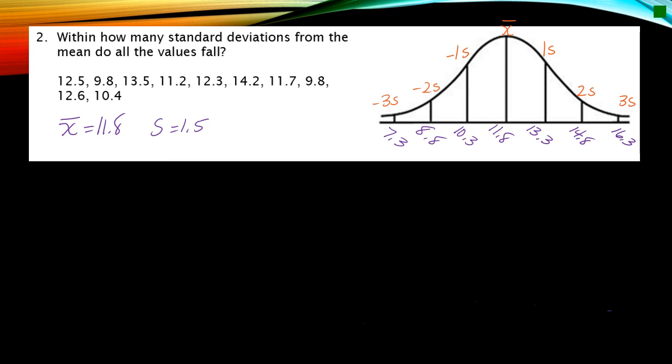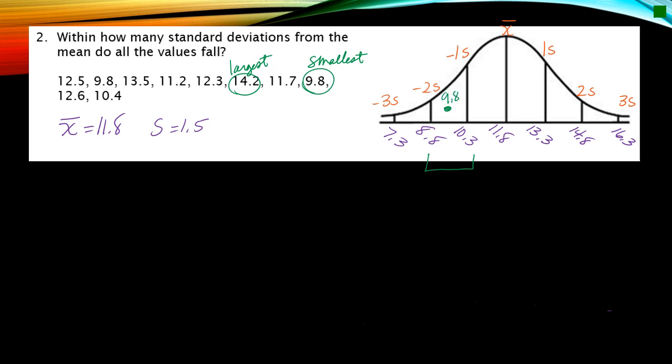I need to identify the smallest and largest values in our data set. The smallest value looks like 9.8, and the largest is 14.2. So now I need to figure out where those numbers would fall on our normal curve. 9.8 falls between 8.8 and 10.3.